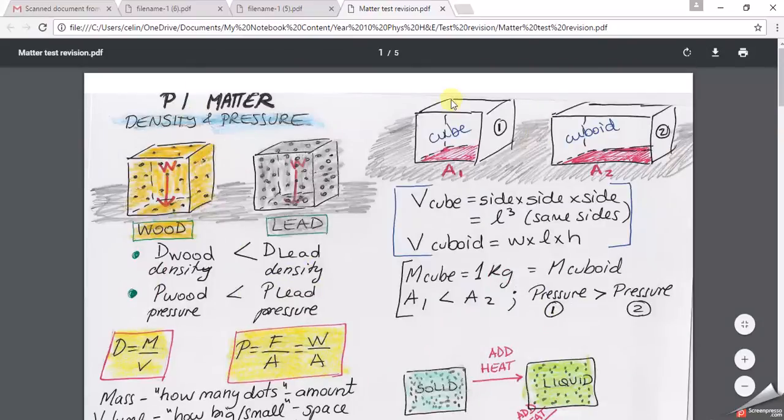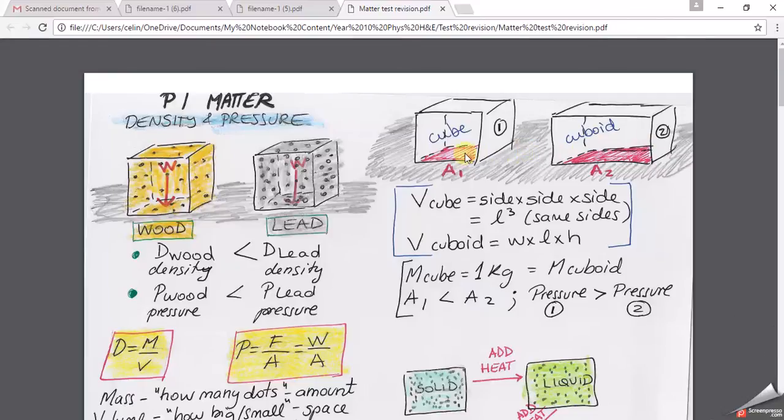Moving to the right side of the diagram, I have a cube, A1. The shaded red area is the area that the cube is sitting on the desk with. And then we have a cuboid, A2, and we can see that the area of the cuboid is much larger than the area of the cube, A1.